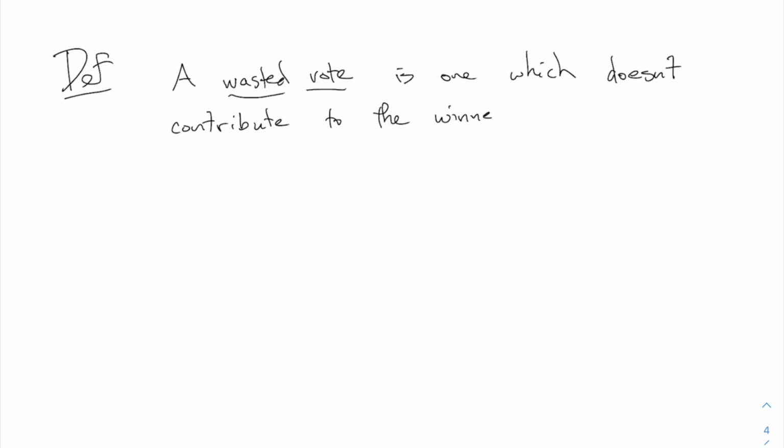This is actually kind of a tricky concept. You'll find yourself getting a little bit confused about this when it comes to doing the homeworks. A wasted vote means it's a vote which doesn't contribute to the winner's win.